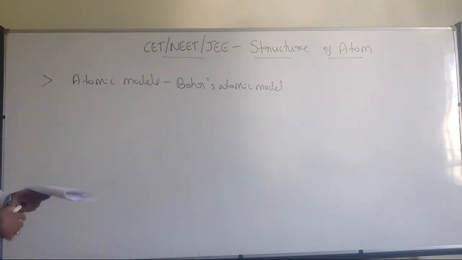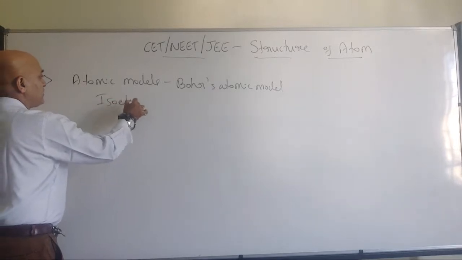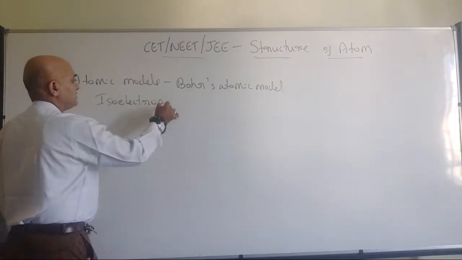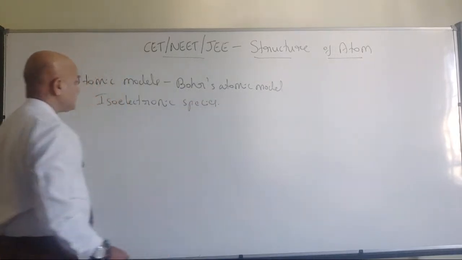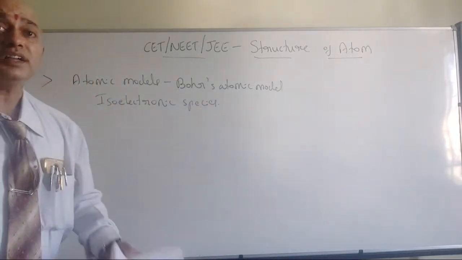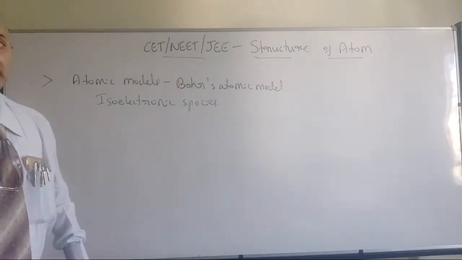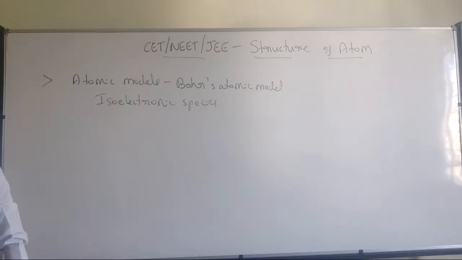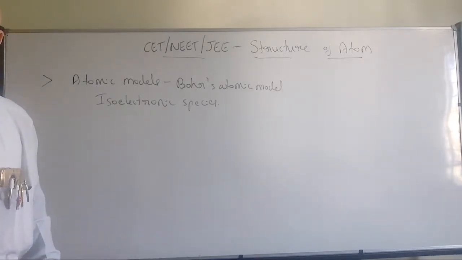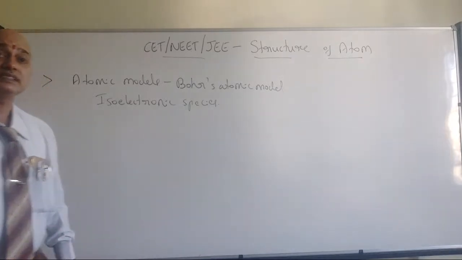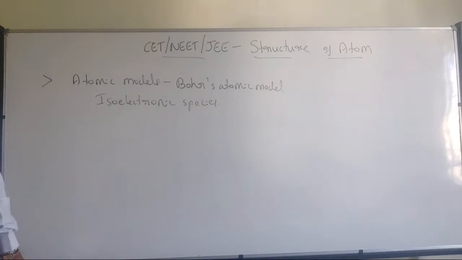Even isoelectronic species we have discussed when we were talking about Bohr's atomic model only. If you recollect, we discussed hydrogen and hydrogen-like species, and I told you hydrogen-like species and hydrogens are examples of isoelectronic species because they have the same number of electrons, right?